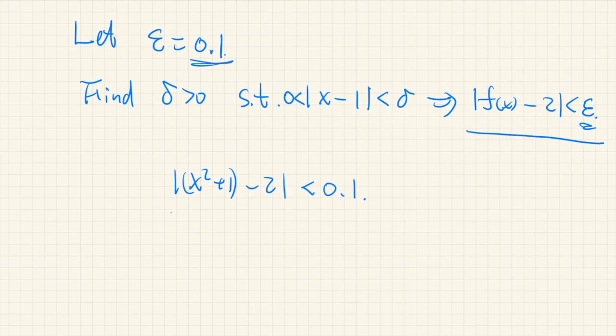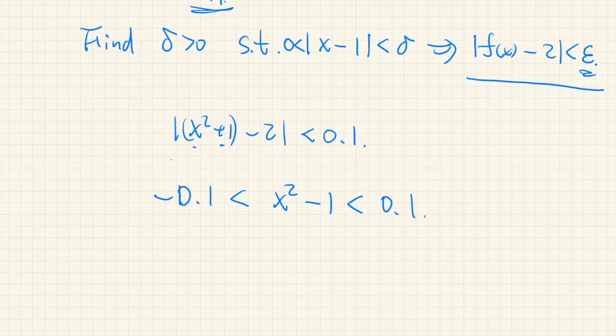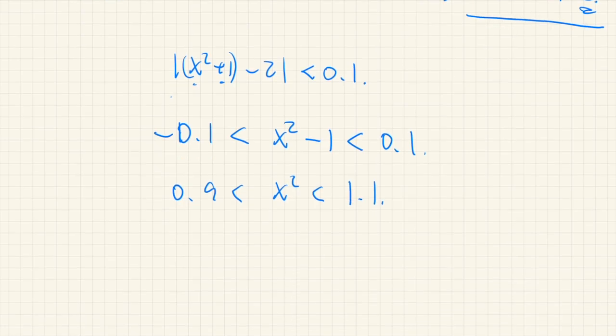From here we have negative 0.1 less than x squared plus 1 minus 2, which is x squared minus 1, less than 0.1. So from here we have 0.9 less than x squared less than 1.1. Taking the positive side, we have square root of 0.9 less than x less than square root of 1.1.